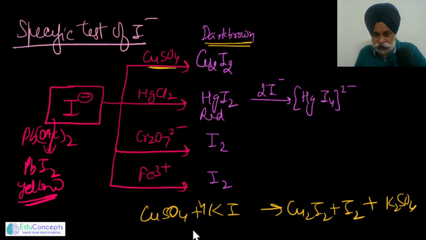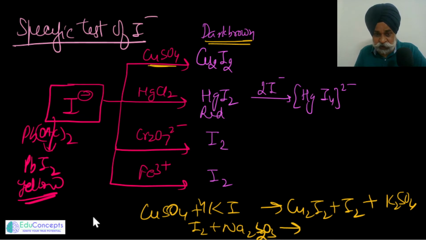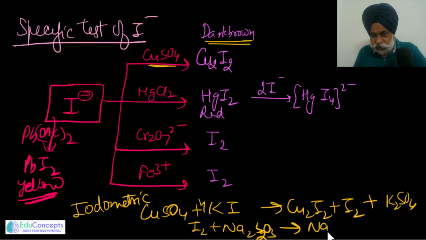And then this iodine is treated with hypo in the redox iodometric titration, which you might have read. And then this is changed into this and sodium iodide, if you are recalling a bit about it.